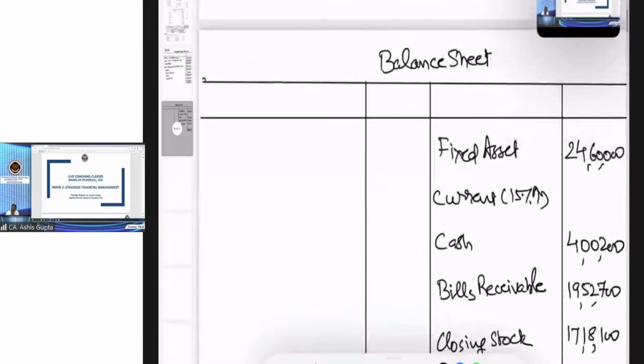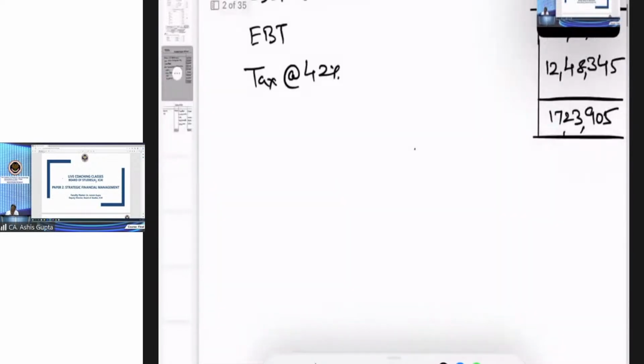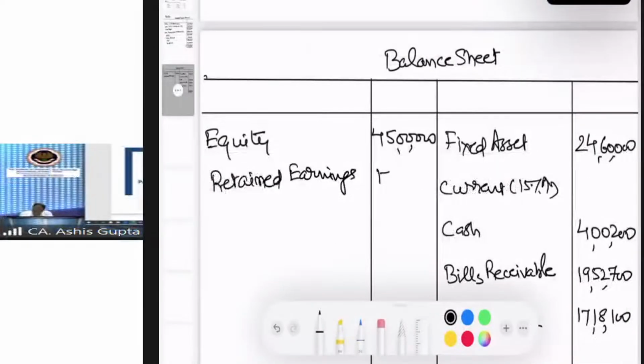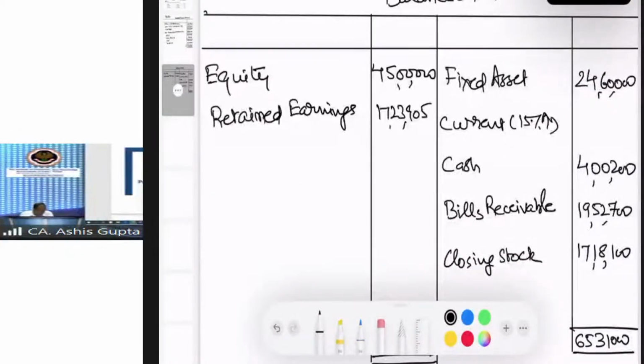Okay, students, now let us come to the liability side. Equities remain the same. Now retained earning means this amount, because there is no dividend. Here, long-term debt.